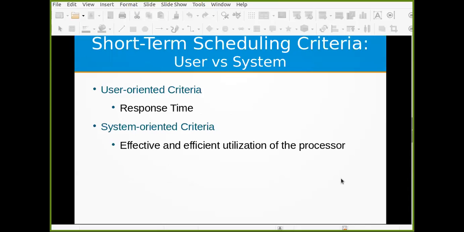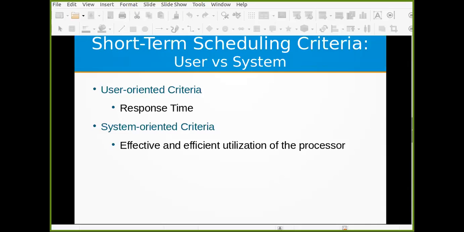Now, whenever we do scheduling, as we discussed, there are certain objectives, and these objectives are based on certain criteria. There are two types of classification of this short-term scheduling criteria. Now we are going to discuss everything regarding short-term scheduling.